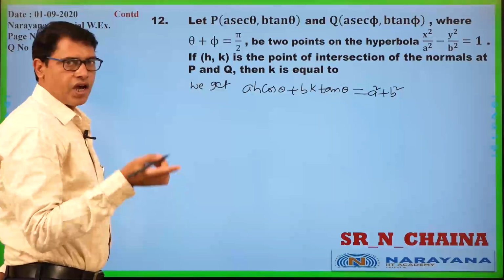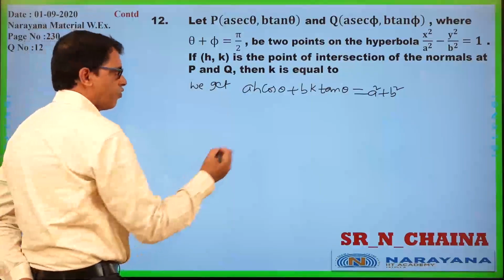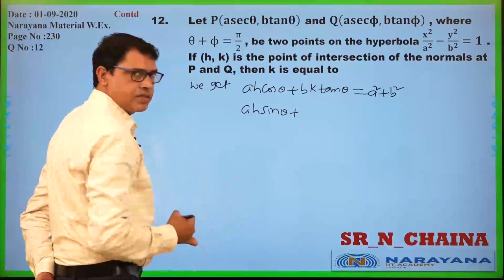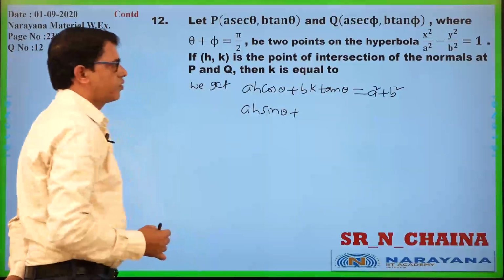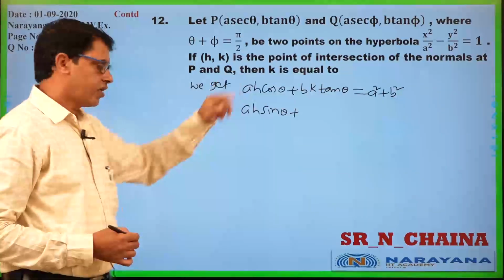In the same way, apply h comma k in equation number 2. So we get ah sin theta plus, back to the question, here it should be cot theta, right?